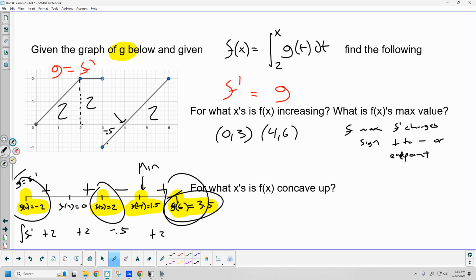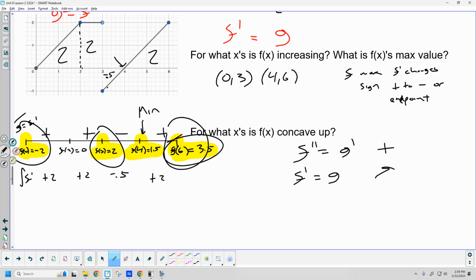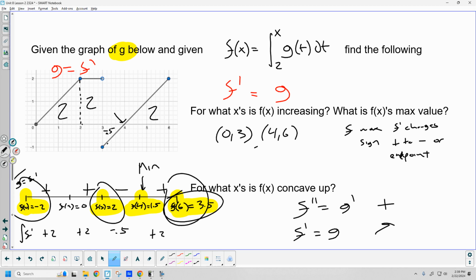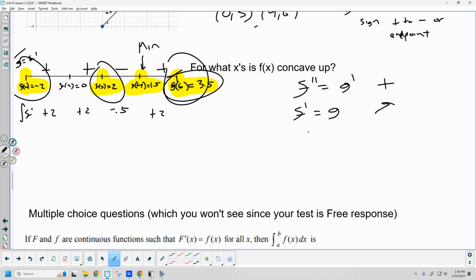When is F concave up? The F double prime is equal to E prime. Yep.